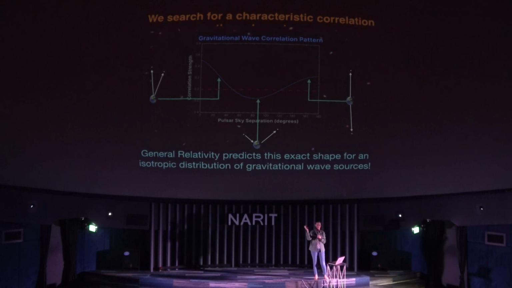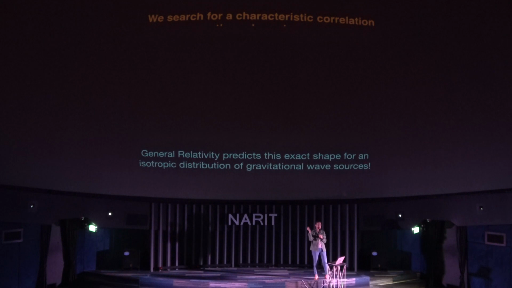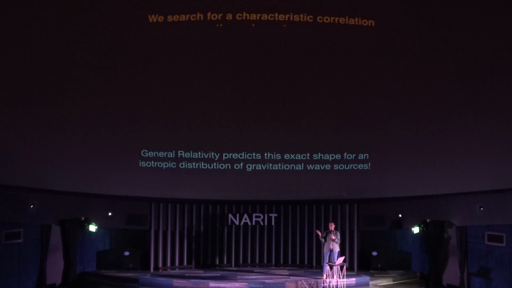It's kind of a sciencey term, but it just basically means if things have a positive correlation, the same thing is happening to the pulses, and if it's negative, a different thing is happening. And because of gravitational waves, the way they work, this quadrupolar thing, we expect this dip at 90 and these peaks at 0 and 180. And it's a very special signature on the sky that we wouldn't expect from any other thing.